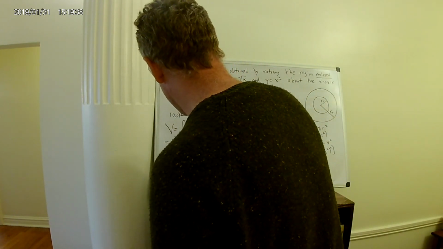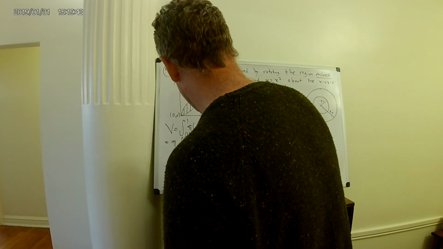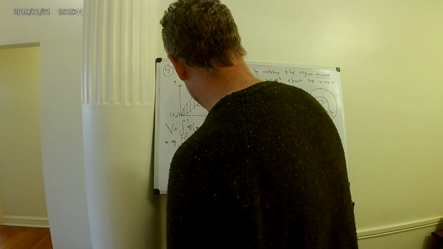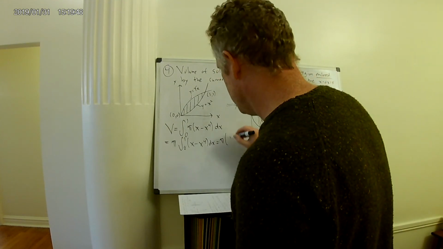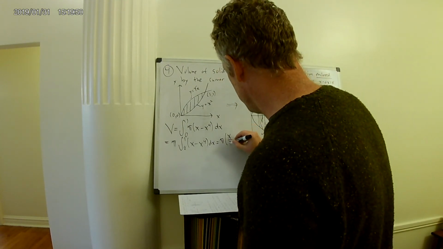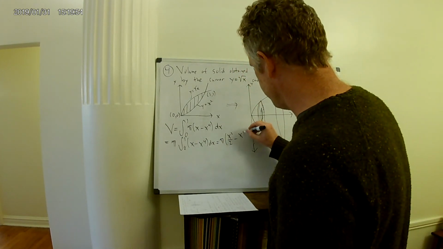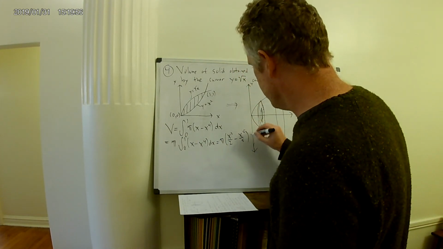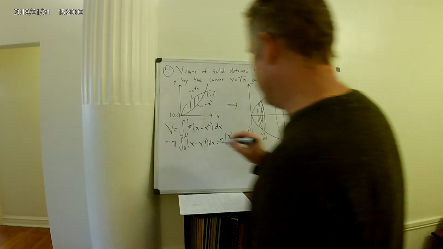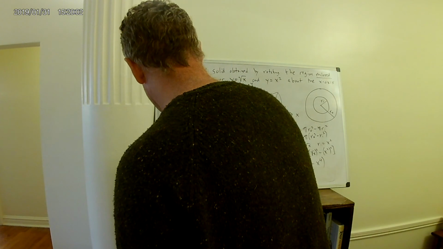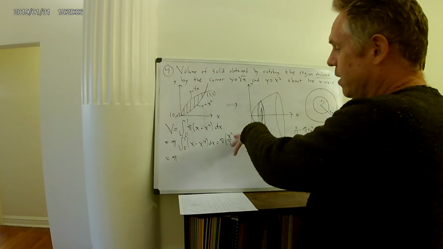Now we're going to do this integral. It's equal to pi times the integral from 0 to 1 of (x minus x to the fourth) dx. Okay. And now if we integrate this, we get pi times, the integral of x is x squared over 2. The integral of x to the fourth is x to the fifth over 5. Okay, evaluated from 0 to 1. Those are our integration limits. Okay, let's plug those in. The 0 part of this just goes away because we have x's here.